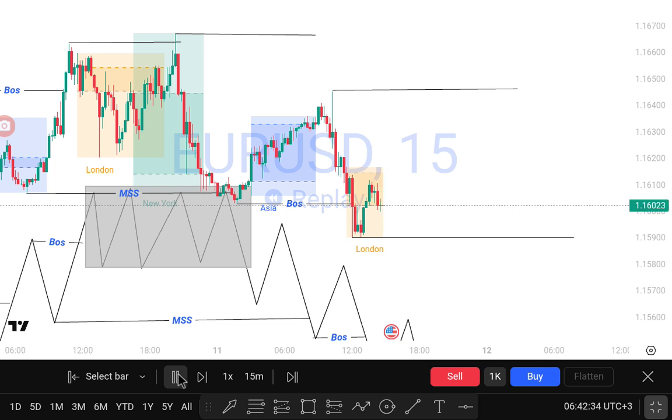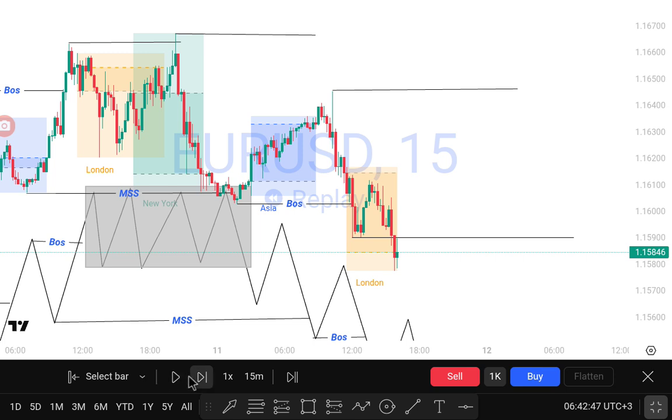Now what I'm teaching here, liquidation, a break of structure. Now I want to look at this. Is this really a valid break of structure? Oh, an inducement.